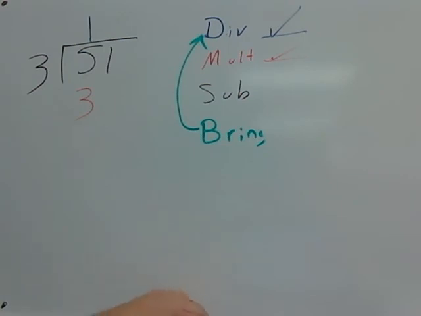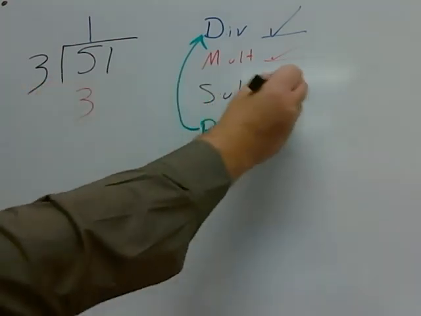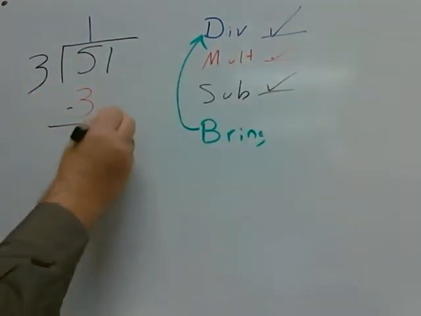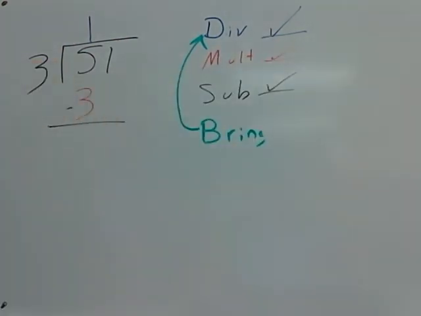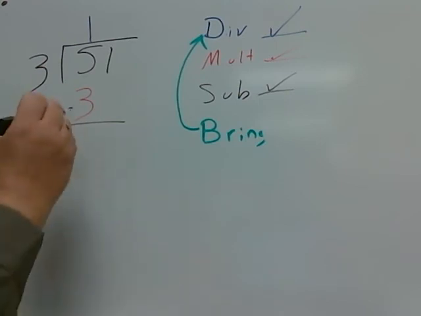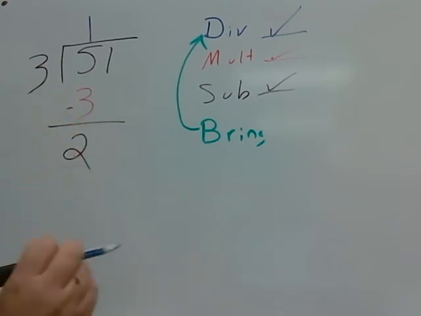Next step is going to be to subtract. So hit pause and go ahead and subtract 5 minus 3, please. All right. 5 minus 3 is obviously 2.